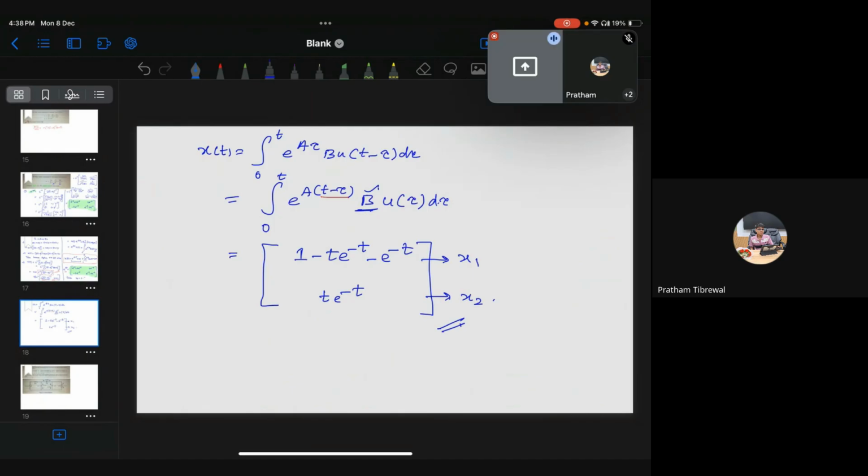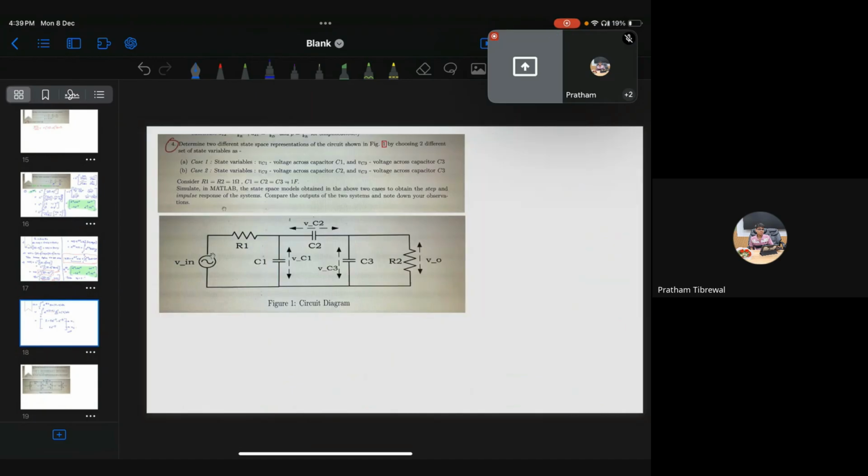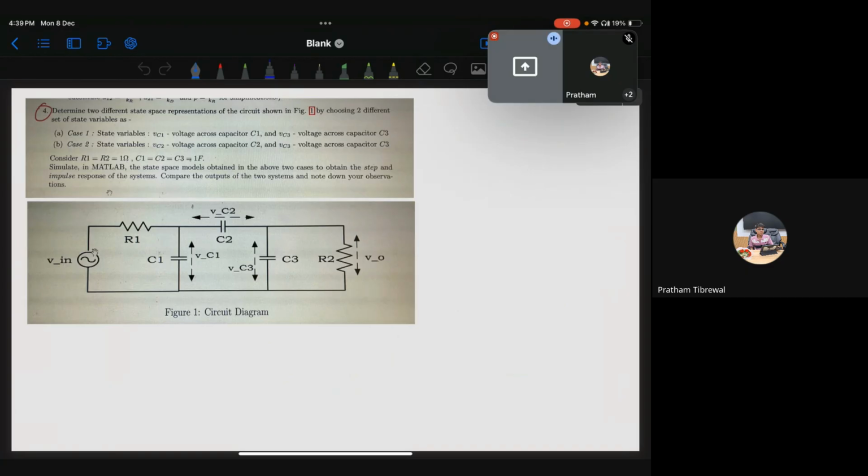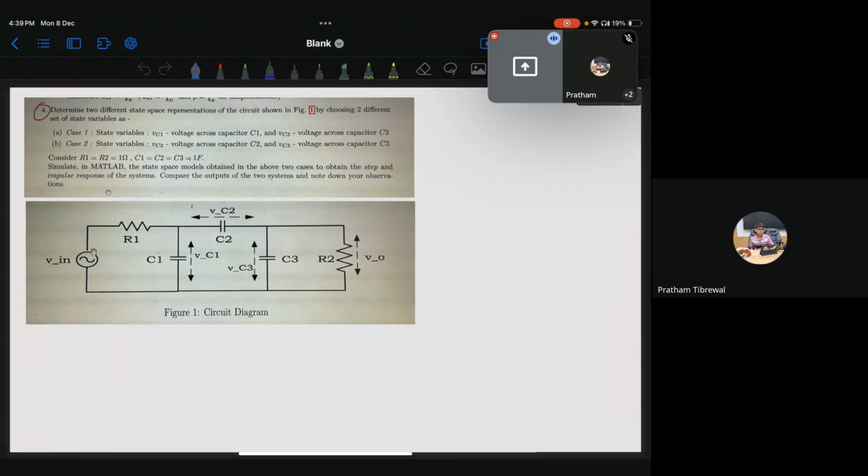Okay, so any queries in this? Any queries? Yeah, so finally I'll give a rough idea for this problem also, then we will close. So for the given circuit, we have to consider two cases. In case 1, we have to take VC1 comma VC2 as state variables.